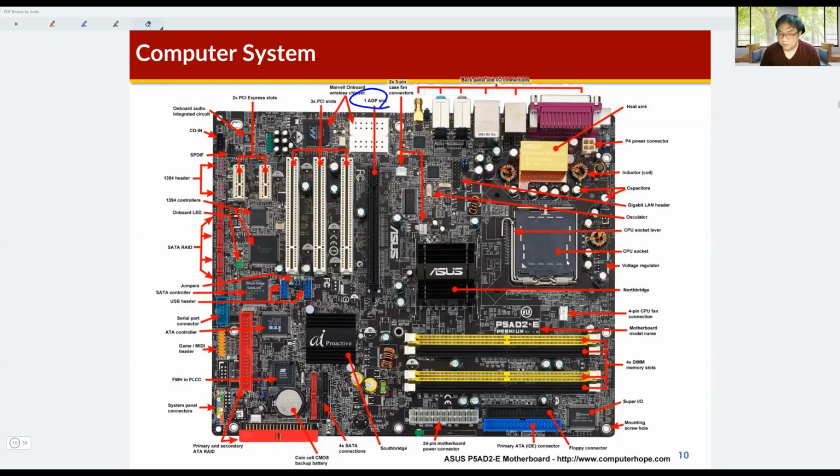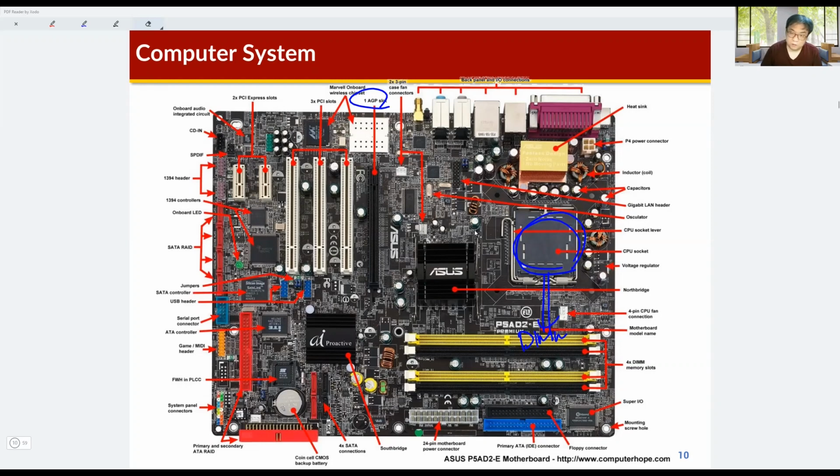And as you can see, this is the CPU socket, and here are the DIMMs. Also, the CPU is connected to the main memory, the DIMMs, via this CPU and DRAM bus.